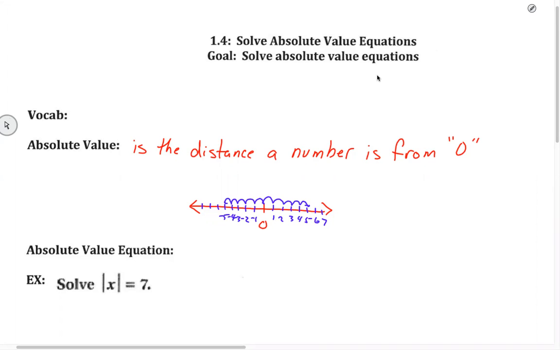But here's the funny thing about absolute value. It is always positive. Because it's distance. And distance, no matter if you go to the right, to the left, up, or down, you're always going somewhere.